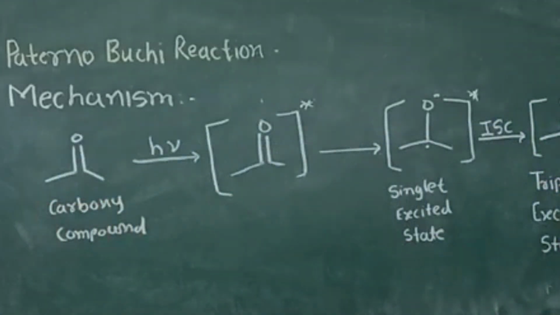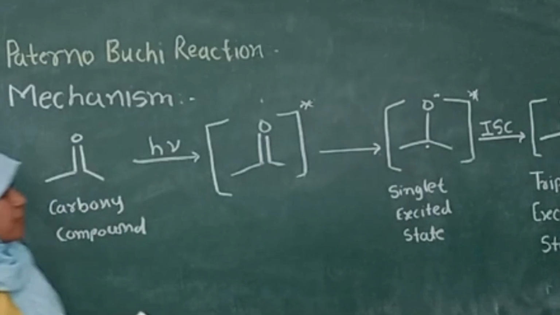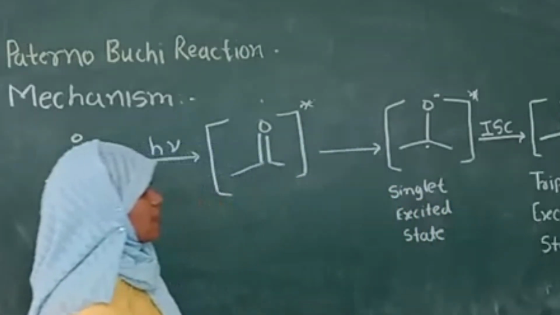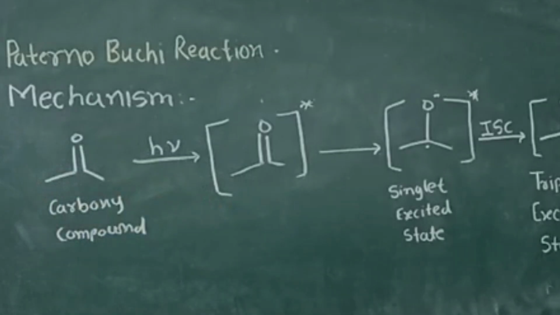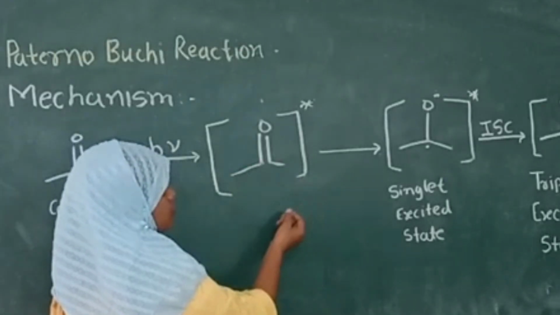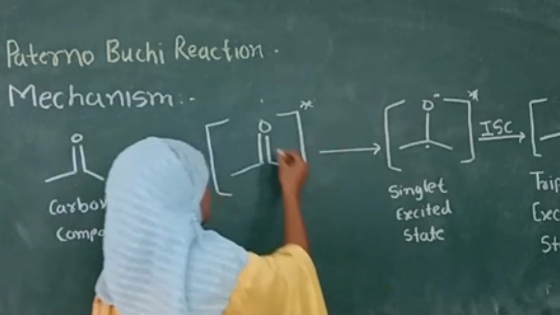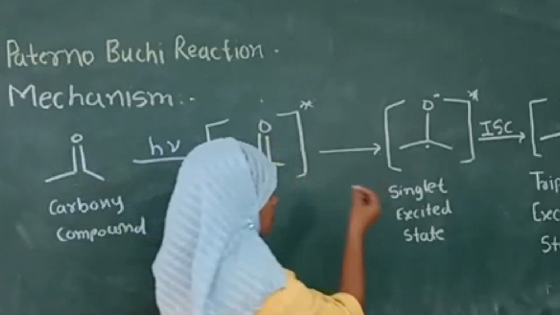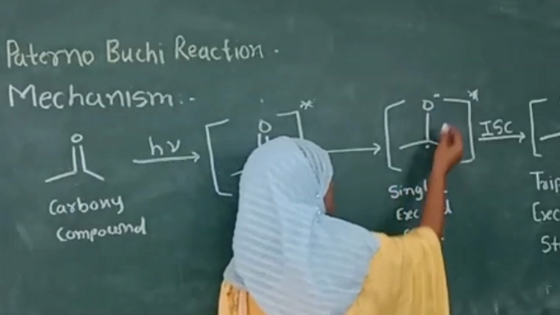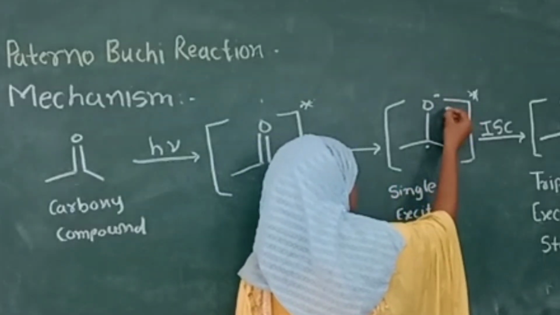But many students say that the singlet excited state and the triplet excited state have the same structure. What is the main difference? After the homolytic cleavage, a diradical is formed. Here the carbon oxygen double bond is broken, and two radicals form. Then what will be the spin?